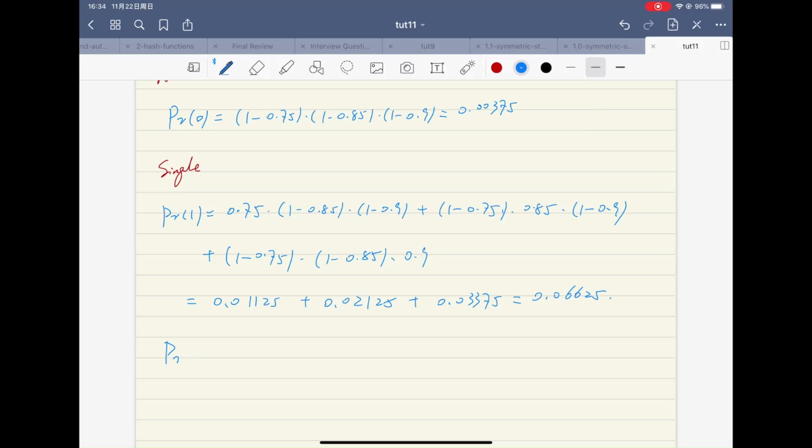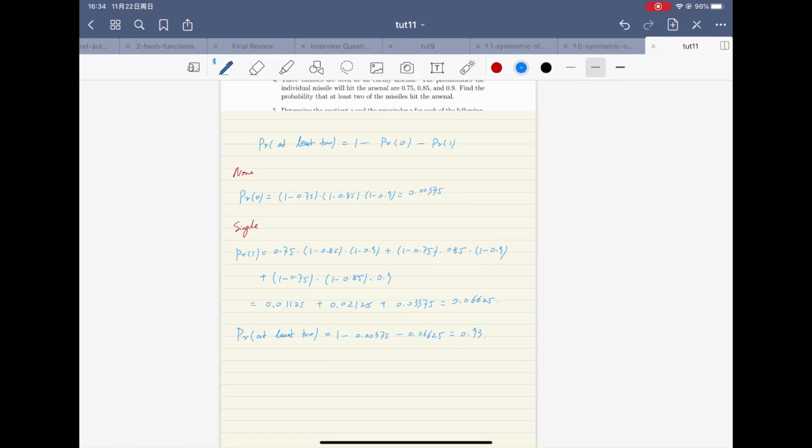Thus, the probability of at least 2 missiles hitting the target is just 1 minus 0.00375 minus 0.06625, which is 0.93. That's the outcome.